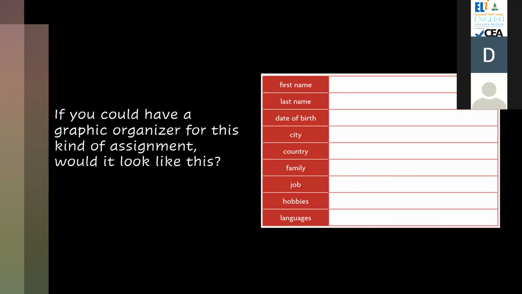Now, if there's reading about a person, they could take this and go to the reading, fill it in, understand how it all fits, see how the sentences fit together, and then fill in an empty one about the person they want to write about.